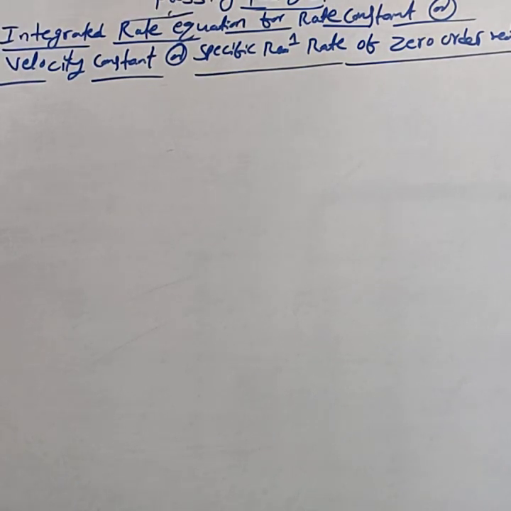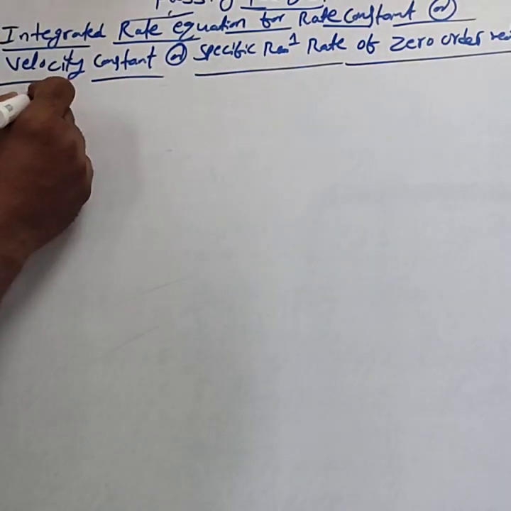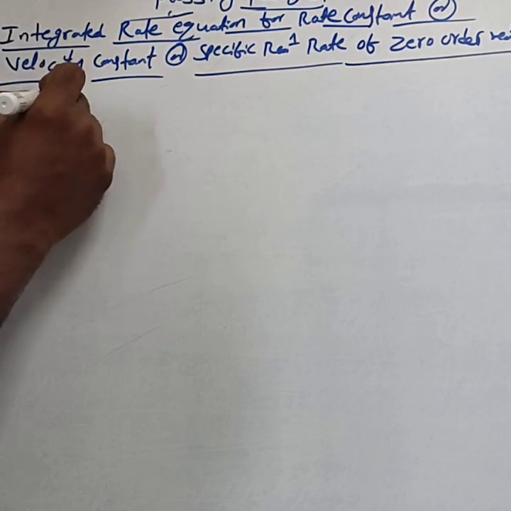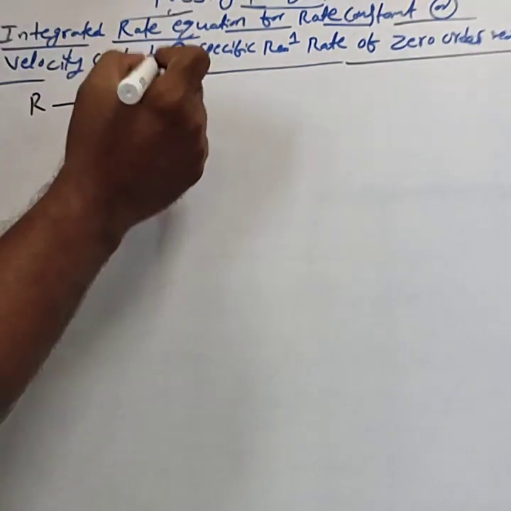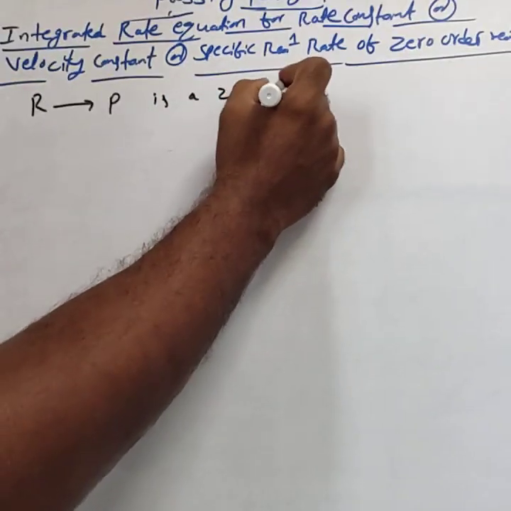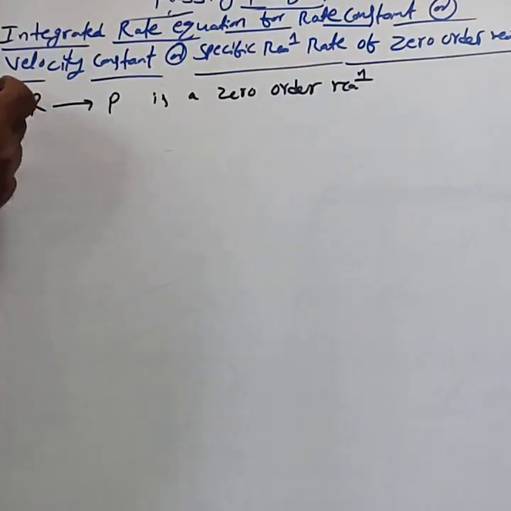First consider the integrated rate equation for a zero order reaction. Reactant gives product is a zero order reaction.